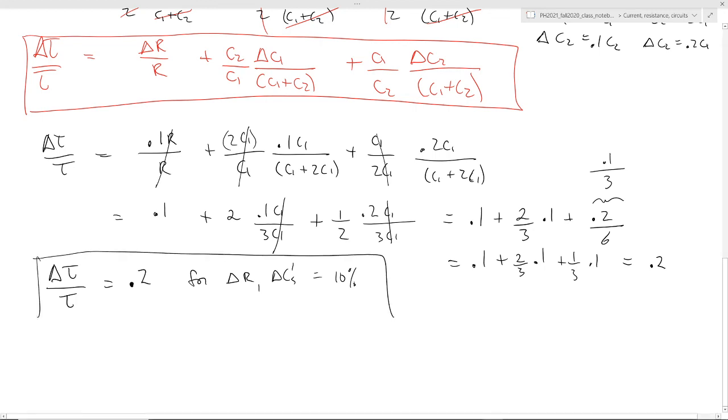So hopefully that helps. The question that you'll see on the exam is not going to be quite so complicated in terms of these quotient rules and stuff. So as long as you can do this kind of procedure, you should be pretty good.